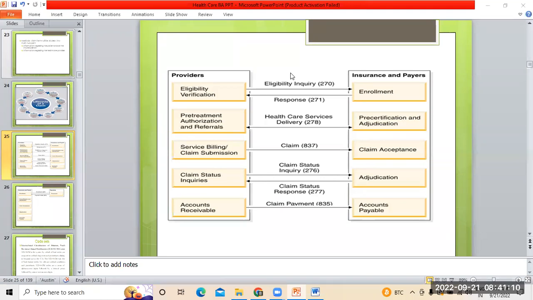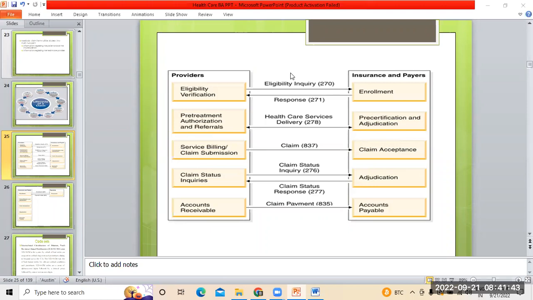It means the healthcare provider has sent a request for the bill that happened, and that bill submission request is sent to the insurance company for acceptance of the claim. So 837 is the claim number.